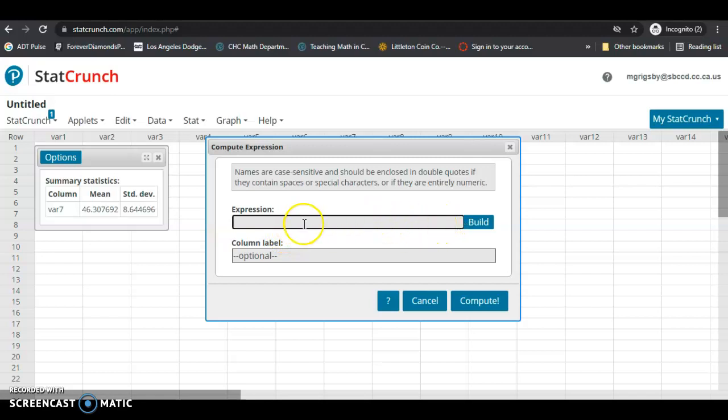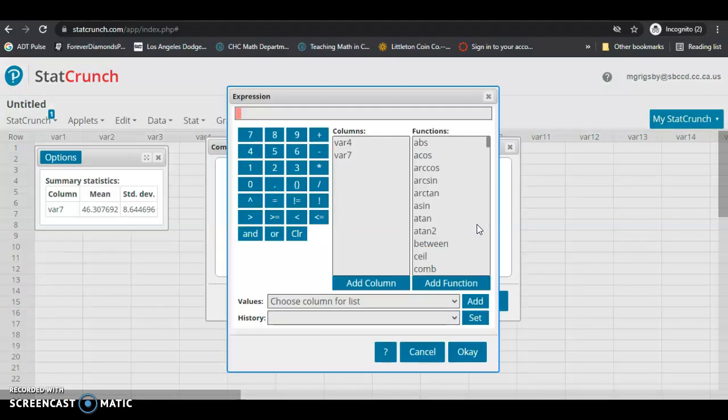In this empty slot, we're going to input our expression, so we're going to click Build. The column that we're going to select is column 7, the column that contains our data set. We're going to multiply each value in our data set by 1.05, since it's a 5% increase.